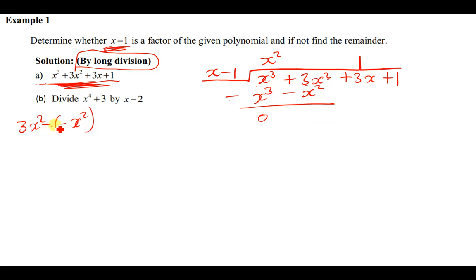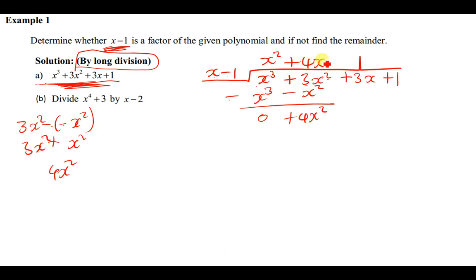Negative times negative gives a plus, so we have plus 3x squared. When you add the two, we get 4x squared. So we put a positive 4x squared there. Then x into 4x squared, the answer is positive 4x.